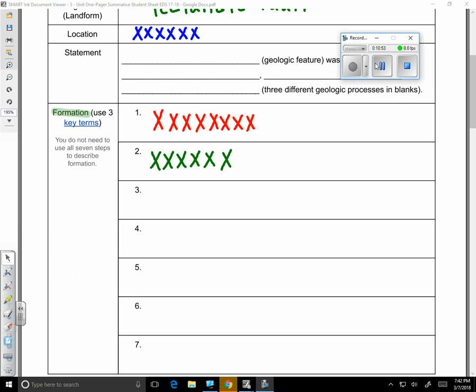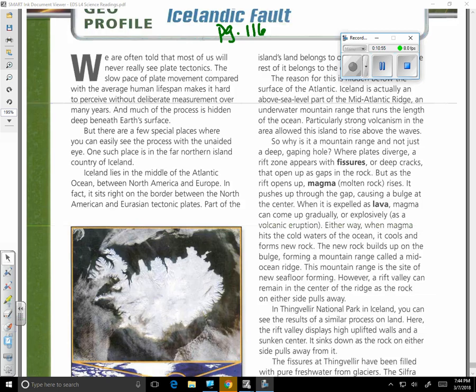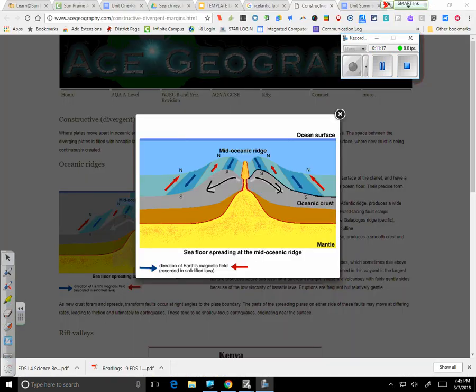So the next step is here where it says, when magma hits the cold waters of the ocean, it cools and forms new rock, making a mountain range. So this is your step number 3 in the formation of this fault. You notice the magma comes up through that hole, and as soon as it hits the water, it cools and makes a bulge.